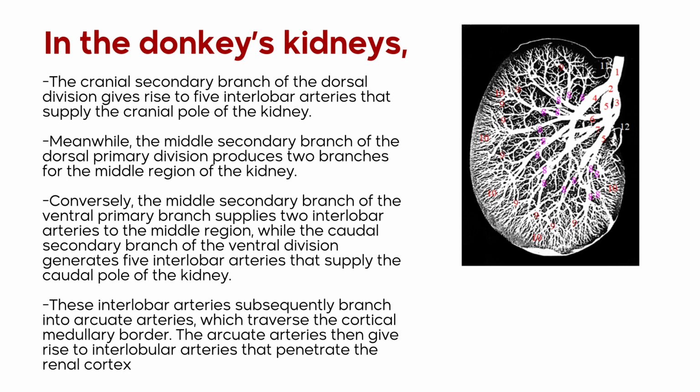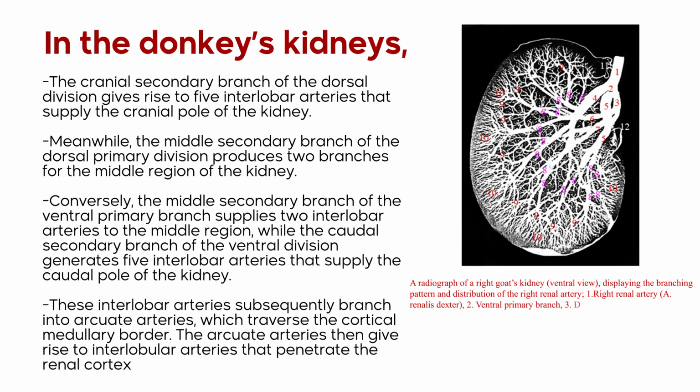The arcuate arteries then give off interlobular arteries. A radiograph of a right goat's kidney, ventral view, displaying the branching pattern and distribution of the right renal artery. 1. Right renal artery, A. Renalis dexter. 2. Ventral primary branch. 3. Dorsal primary branch. 4. Middle secondary branch of ventral primary branch. 5.